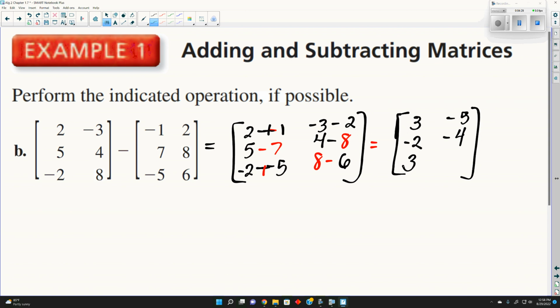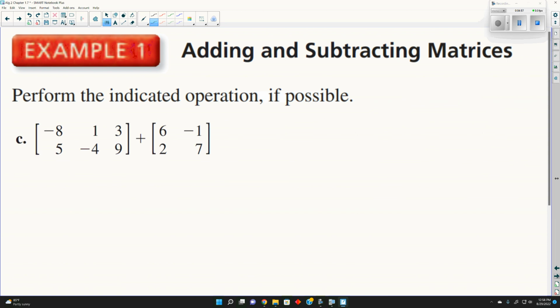And 8 minus 6 is? That's it. Questions on any of this here so far? We like this? Okay, I'm gonna borrow this. We ready for the next one?